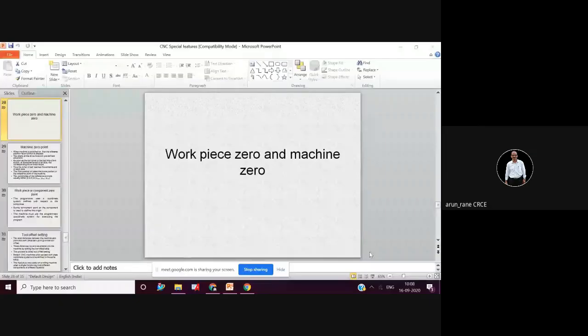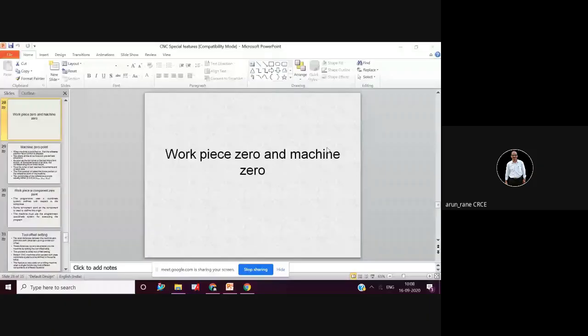So how does the machine know there is a workpiece? So workpiece zero has to be specified. Assume this slide is your workpiece and this is your table. I need to specify the workpiece zero. For that there is something called a tool probing system, tool probe, or an edge finder.